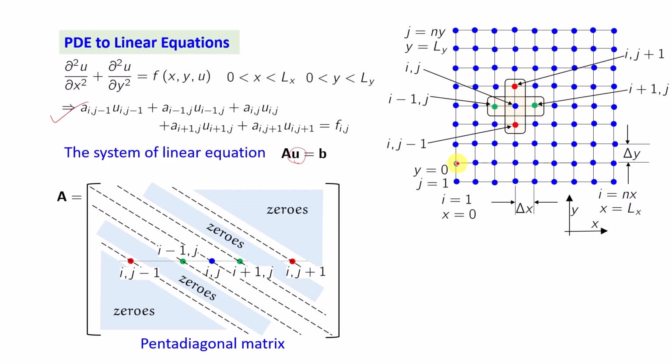Then again I come back and start from here: unknown nx plus 1, nx plus 2, etc., up to nx plus nx. Then again I come back here: twice nx plus 1, twice nx plus 2, etc. So all the points are my unknowns.